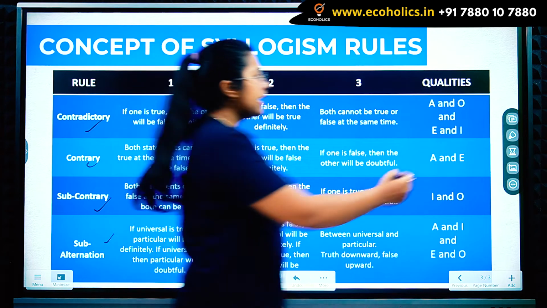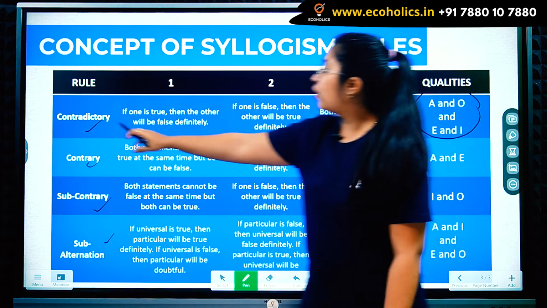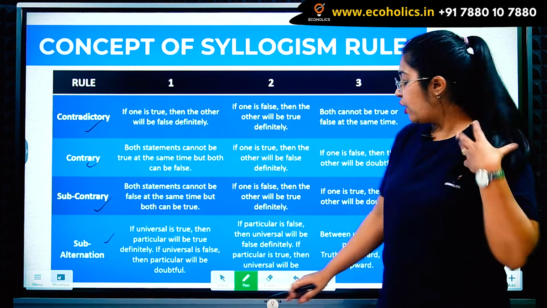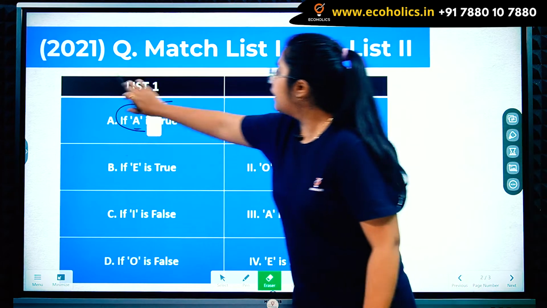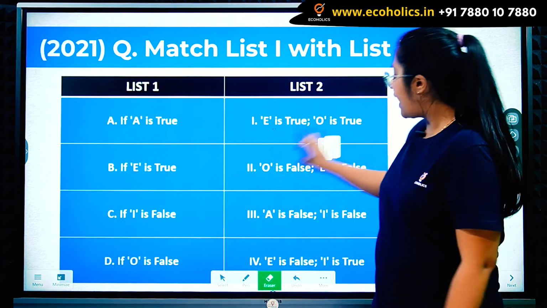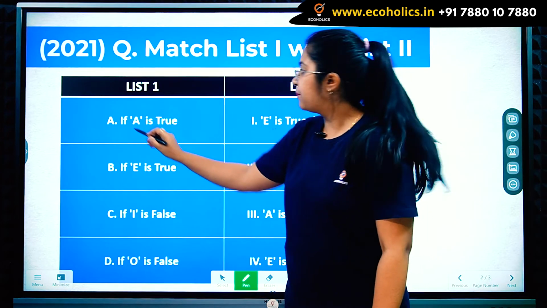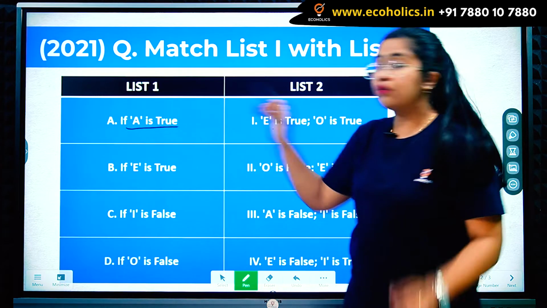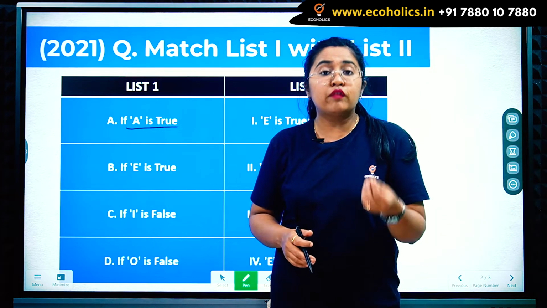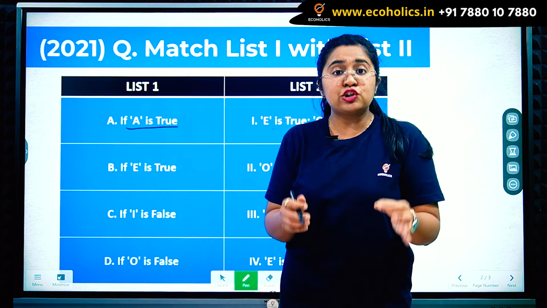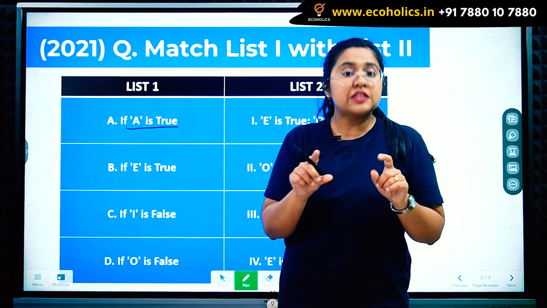So let's say that when we talk from the point of view of contradictory statements, now let's go back and first understand what has been asked in the first list, or the first item of the list. If A is true, firstly we have to identify which of the classical square of oppositions actually have A, or which of them include A type of statements.